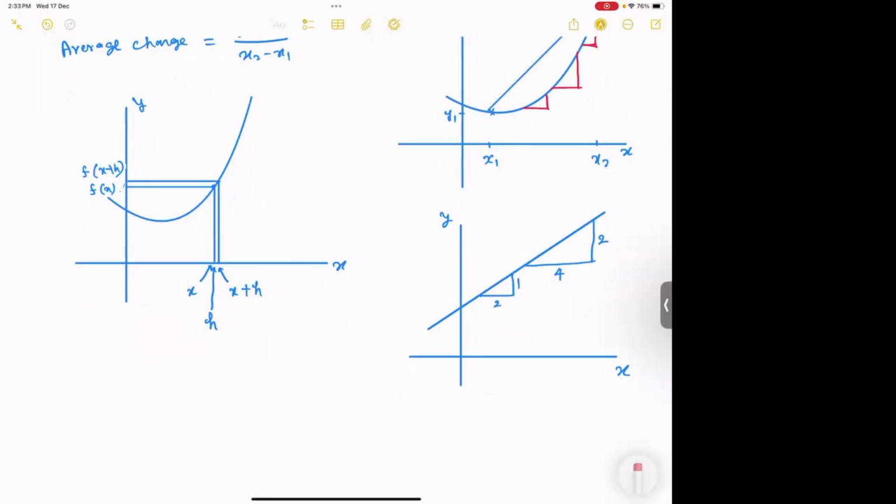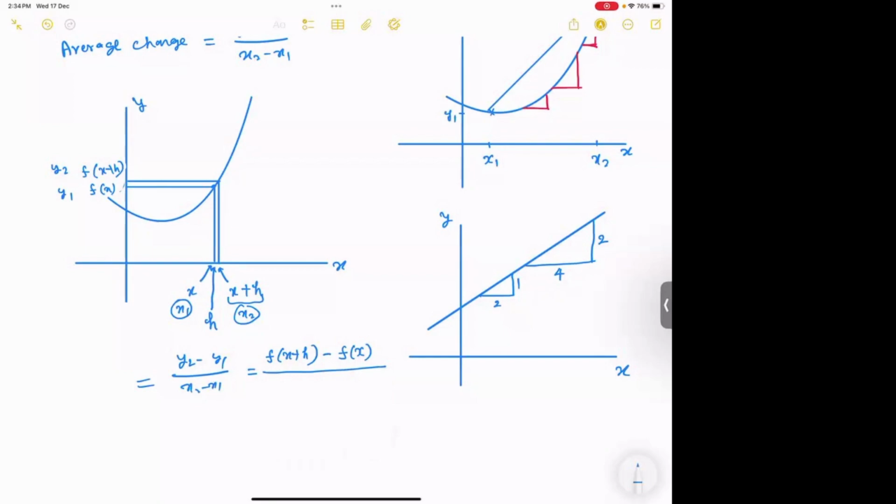So if we are finding the derivative, I mean the change, what's the formula? Formula is y2 minus y1 upon x2 minus x1. So this is, let's say, y1, this is, let's say, y2. x is, let's say, x1, and x plus h is, let's say, x2. So what I'm writing here now, y2, which is f(x plus h) minus y1, which is f(x).